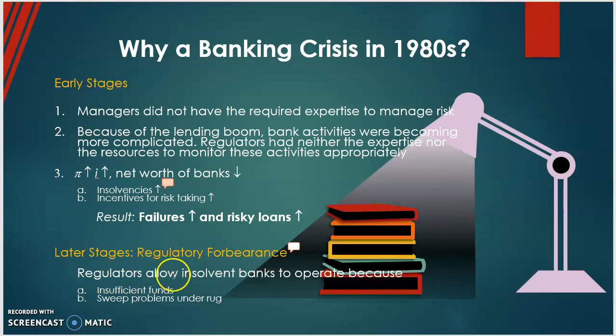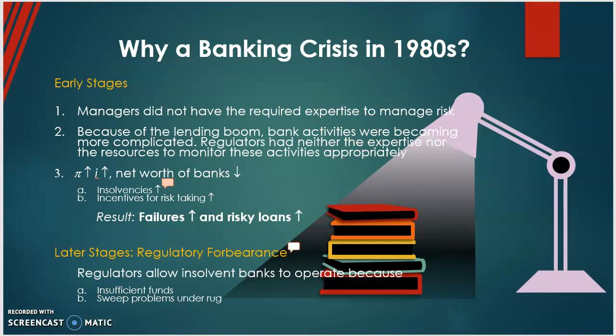Okay, regulators allowed insolvent banks to operate because of insufficient funds, and swept the problem under the rug. Okay, that is why the banking crisis in the 1980s occurred, because the expertise in risk management of the banking sector was still lacking at this time.